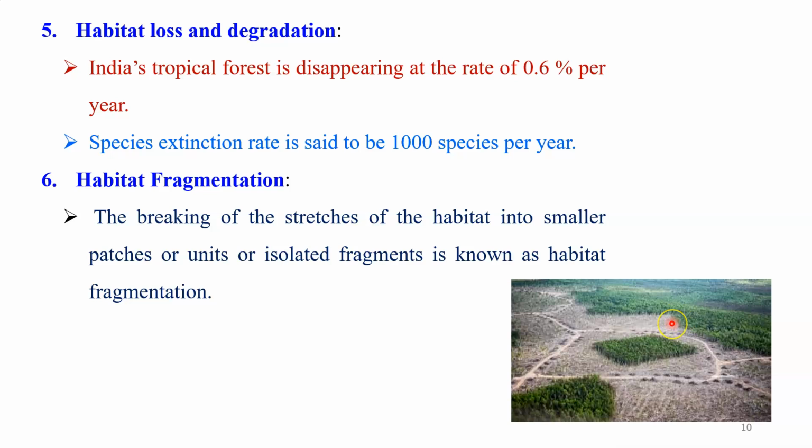When this process happens, the natural habitat that was very favorable for biodiversity to flourish is changed into small pieces. Habitat fragmentation directly impacts biodiversity, because there is no natural habitat available for the various species, whether animals, birds, or other biotic factors.